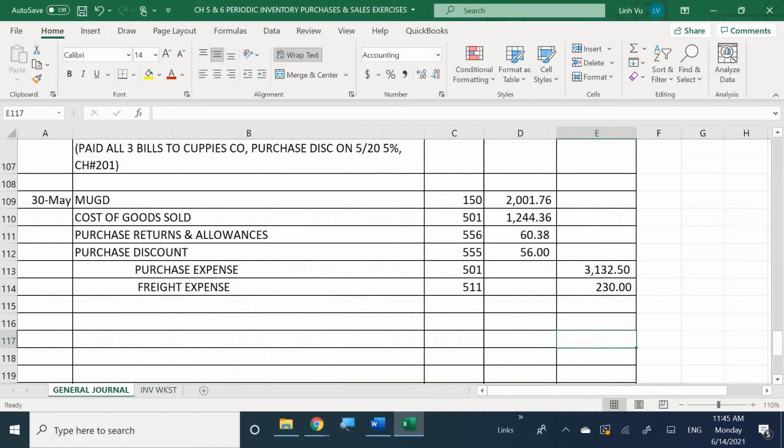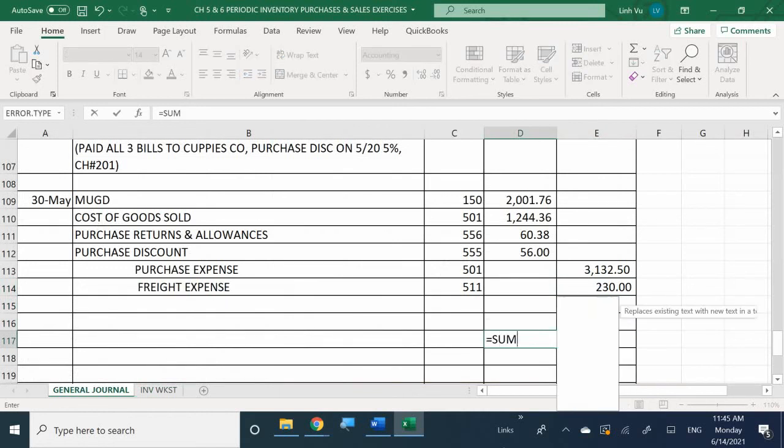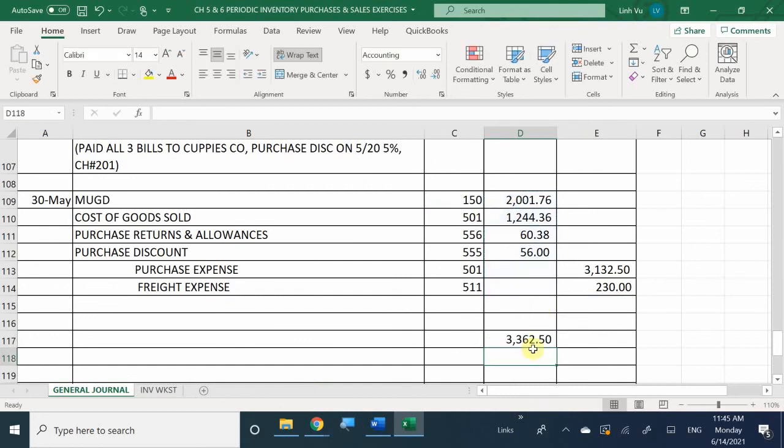Once again, I'm going to check to make sure that my debits match my credits. So I should have a total debit of $3,362.50 on the left with $3,362.50 on the right. Okay.